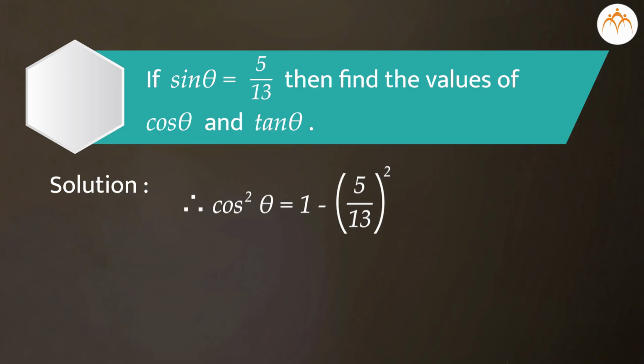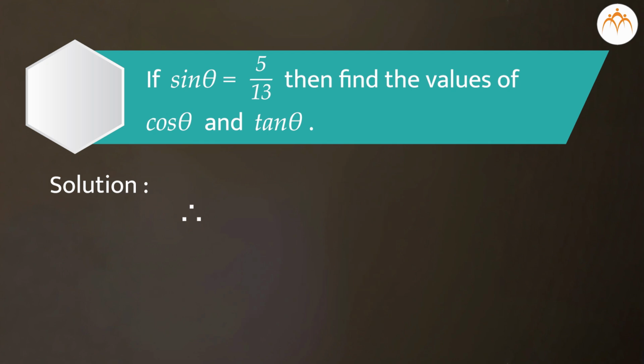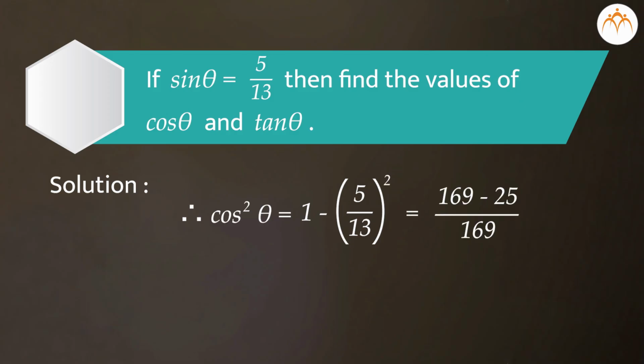Therefore, cos square theta is equal to 1 minus (5 upon 13) whole square is equal to 1 minus 25 upon 169. Therefore, cos square theta is equal to 169 minus 25 upon 169.